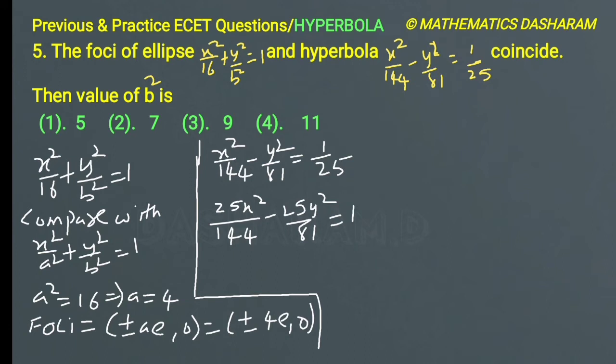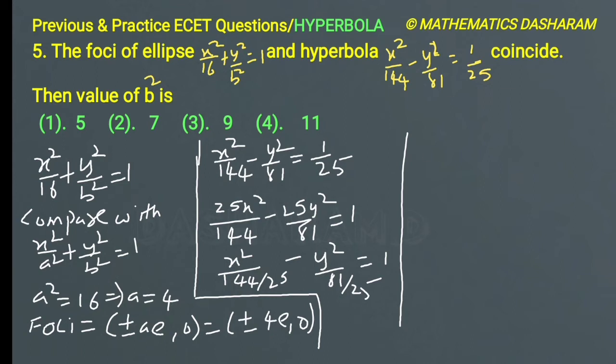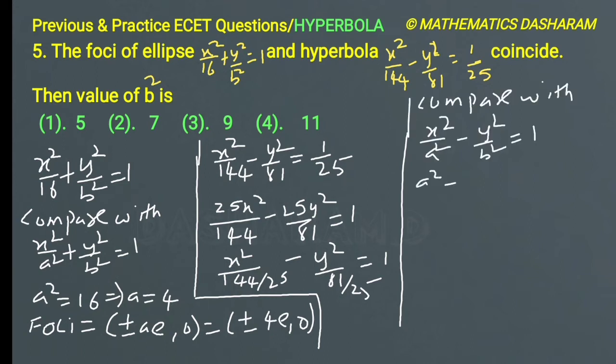Then x square divided by 144 by 25 minus y square divided by 81 by 25 equals 1. Now compare with the standard form. So the a square value is 144 divided by 25, and the B square value is 81 divided by 25.